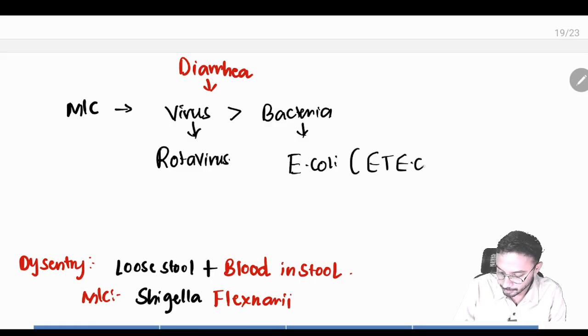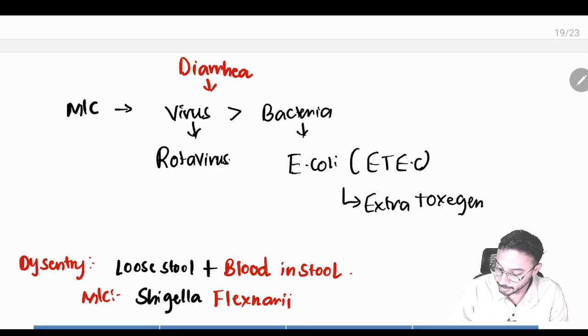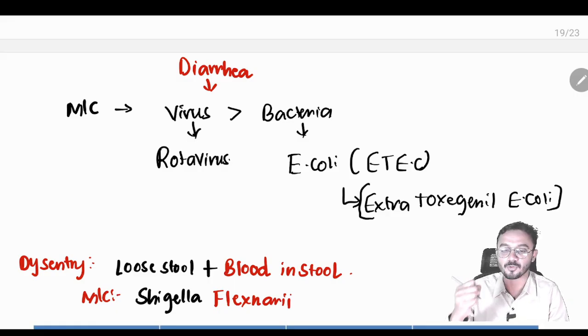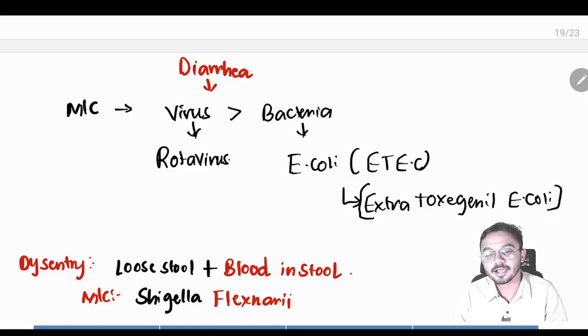Which type? Enterotoxigenic E. coli, ETEC. So virus is the most common cause of diarrhea. If they ask about bacteria, then it is E. coli.